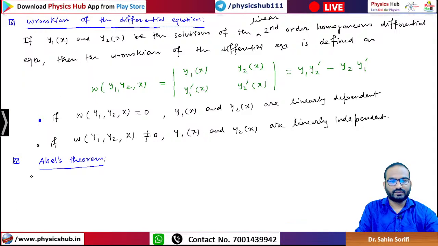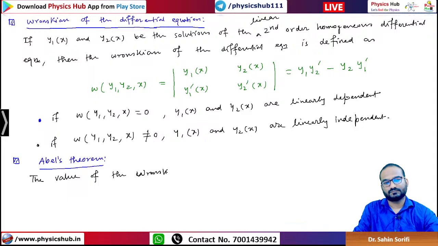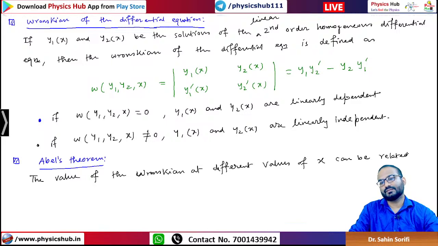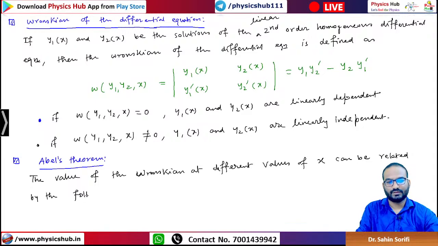So the value of the Wronskian at different values of x can be related by the following relation. What is that relation?